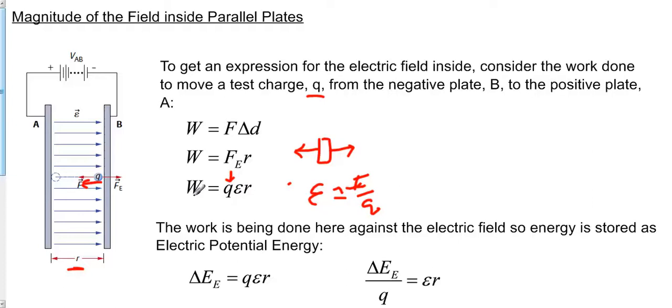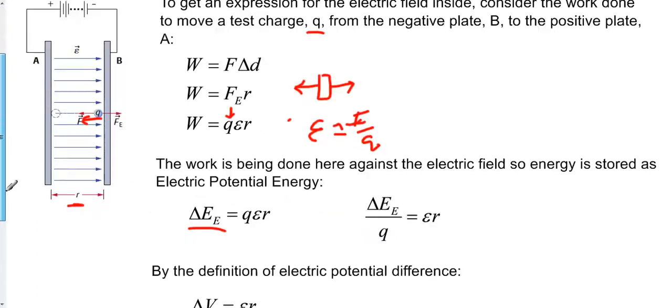But now we're saying again, the work being done is actually being used to store energy as electric potential energy. So this is not just work, this is the change in that charge's or this system's electric potential energy. So I'm going to write it as delta E over Q. And again, this should look familiar. We call this change in energy per charge, something we talked about last time. We called that potential.